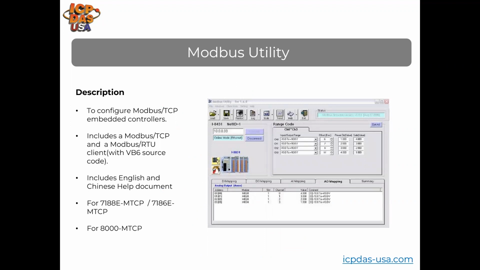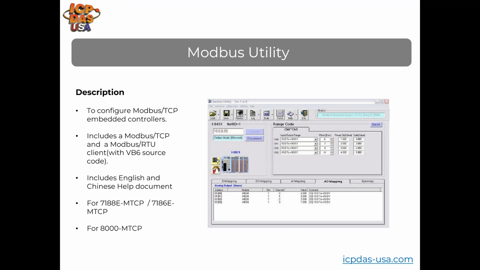Modbus Utility is a free software provided by ICP DAS for configuring Modbus TCP-based equipment. You can use it for configuring data acquisition modules and embedded controllers, including the ET7000, PET7000, TET series, and the TPET. Those are all the Modbus TCP-based data acquisition modules.